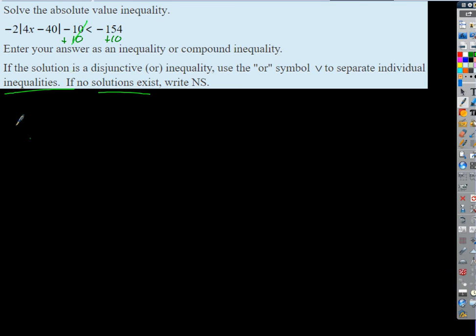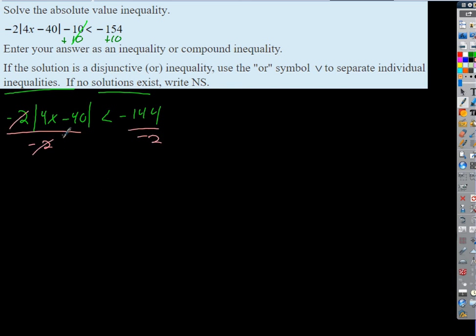Those cancel, and we get -2 times the absolute value of 4x minus 40 is less than -144, right? Okay, now we're going to divide both sides by -2, you said.